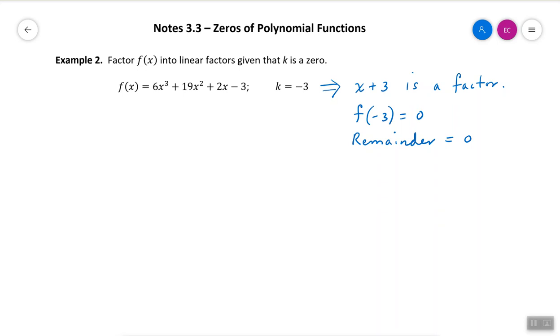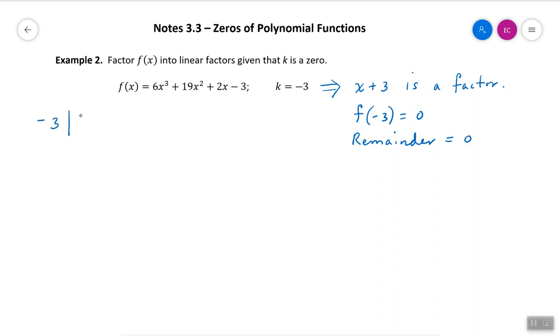So we can start factoring, right? We know what the first factor is. It's x plus 3, but what's left over after that? Well, we'll see what that is by doing the synthetic division. So let's do some synthetic division.